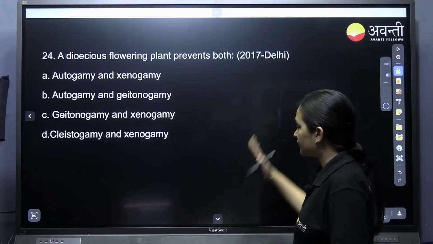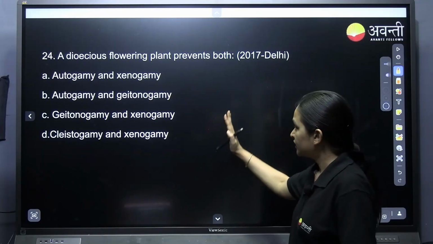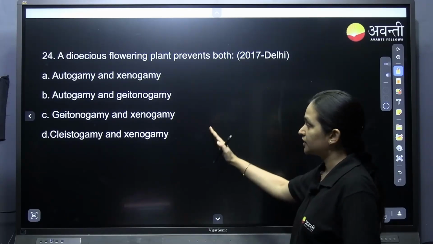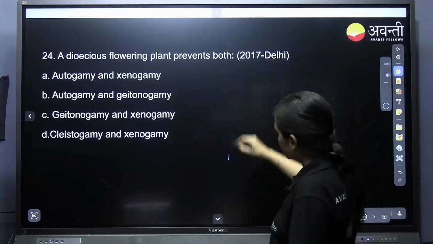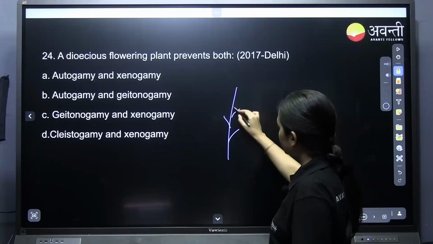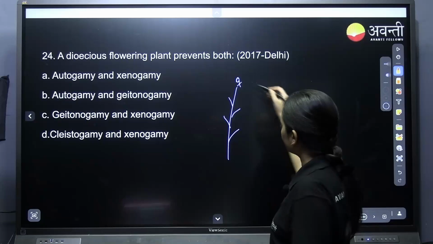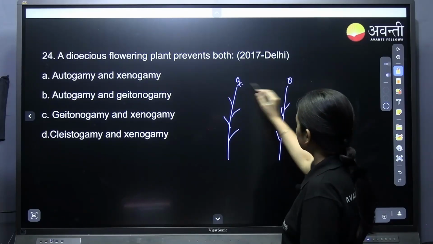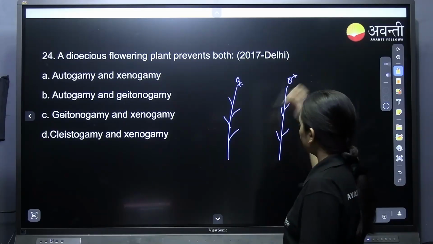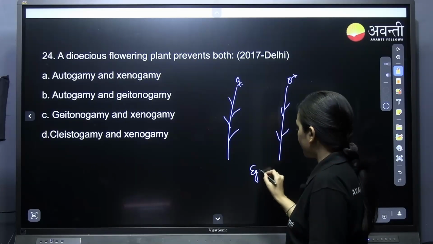Dioecious means there are two different bodies, they are unisexual. If this is one plant, this is a male plant and another one is a female plant. Example, papaya.